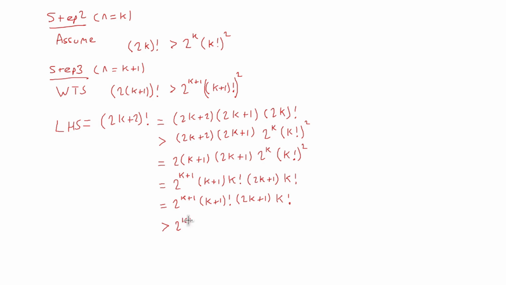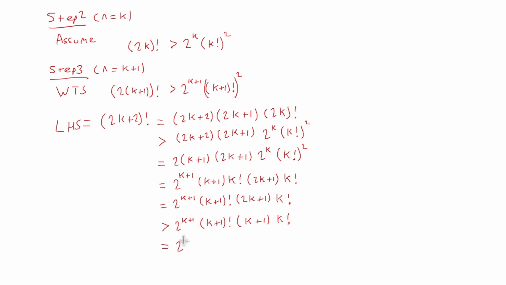And what I know is this is definitely bigger than, keeping all of that first bit the same, this is definitely going to be bigger than if I make this k plus 1. Because given that k is an integer bigger than 2, 2k plus 1 is definitely bigger than k plus 1. So this line is definitely bigger than this line.